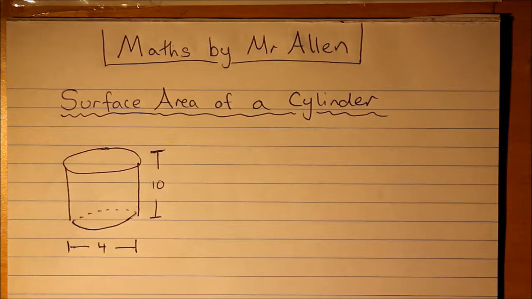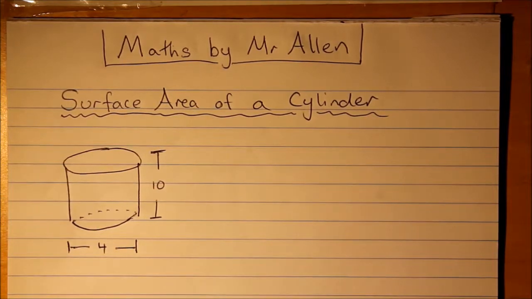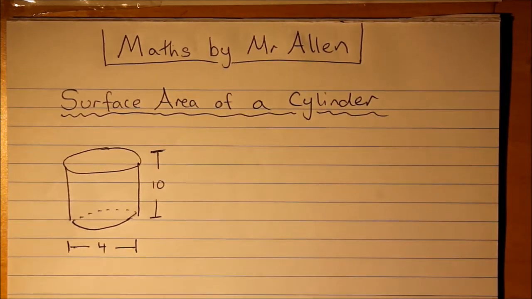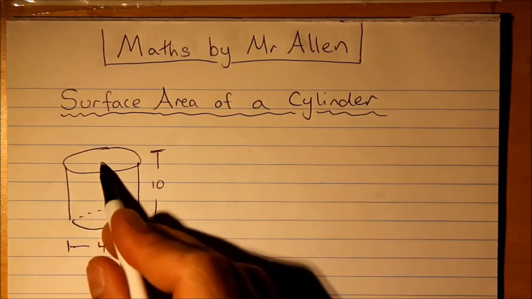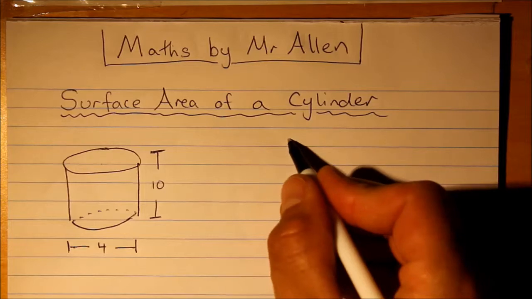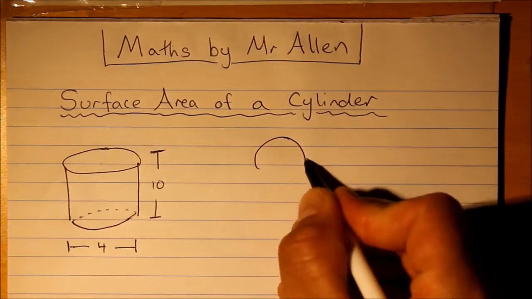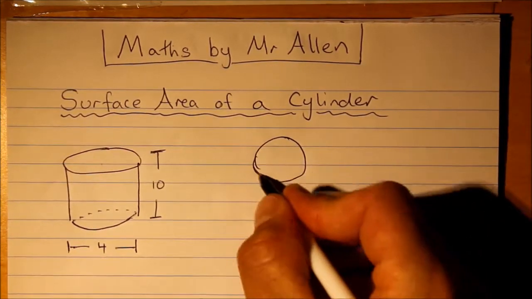Well, remember, a good way to look at this is to break it up or make a net of this shape. You may think, well, how on earth do you make a net of a cylinder? Because of all the curvy parts. Well, if you look at the top, that's flat. That's just a circle.